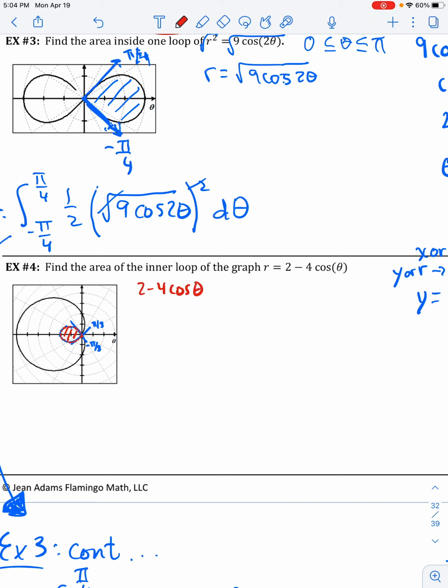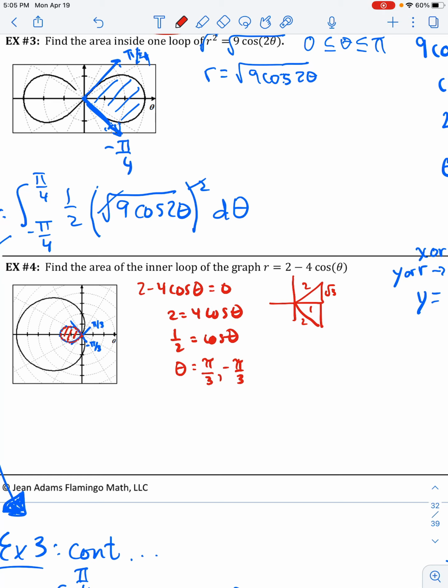Now, how else could you have done that? You could have set your 2 minus 4 cosine theta equal to 0. 2 equals 4 cosine theta. 1/2 equals cosine theta, and figured out where your cosine was positive 1/2. Okay, so 1/2 and the square root of 3 over 2. That would be at theta equals a 60-degree angle, pi over 3. We also have it in the fourth quadrant, at negative pi over 3.